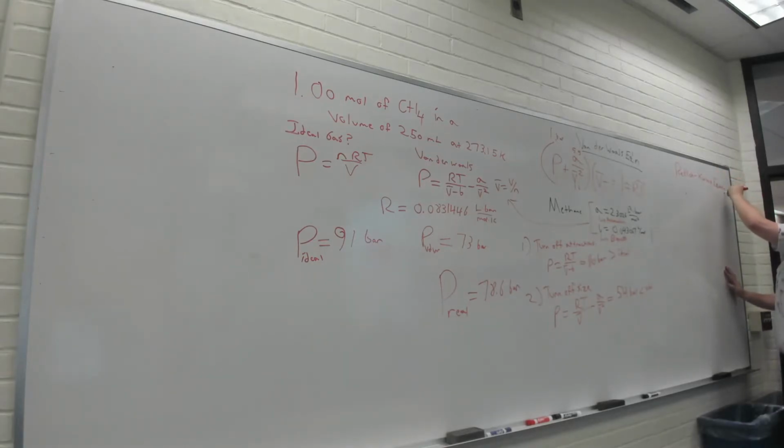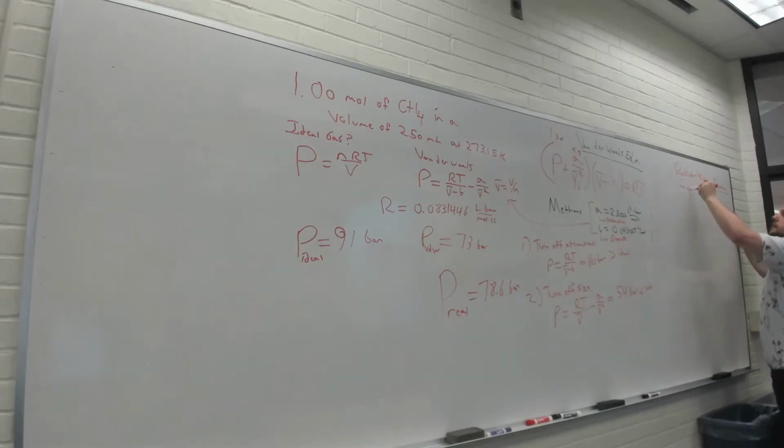And the reason why it's good is that this equation is built for high temperature, high pressure gases. For instance, the Haber-Bosch process, which forms ammonia, involves high pressure gases.